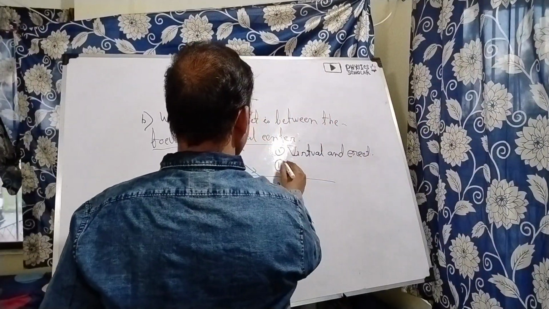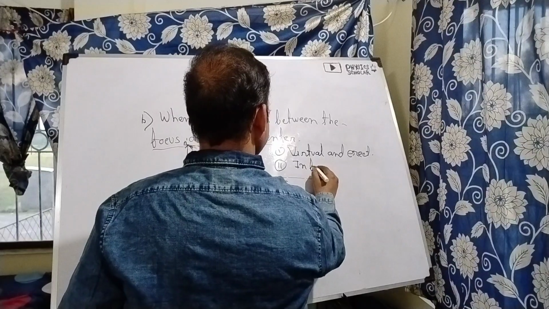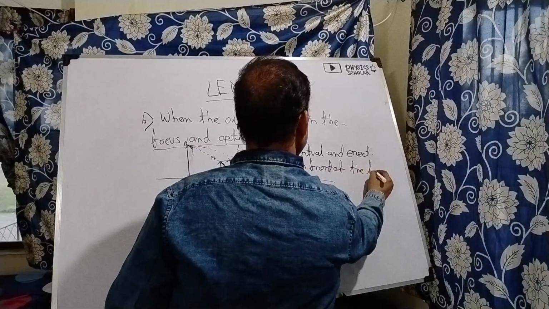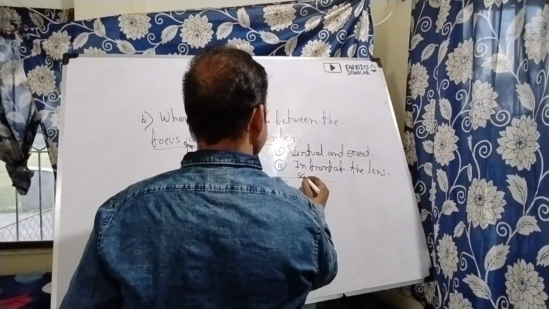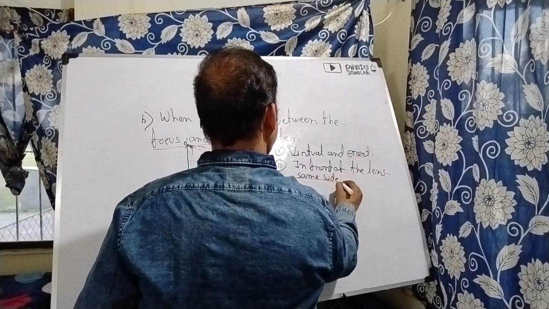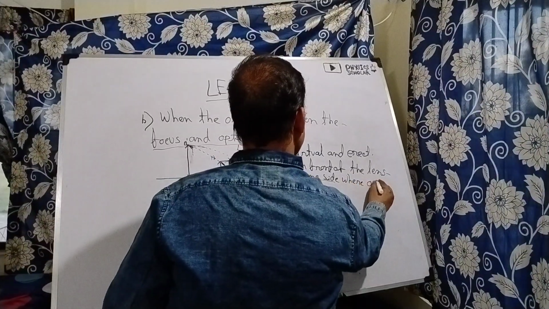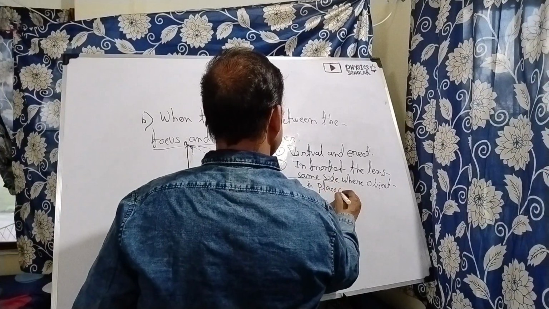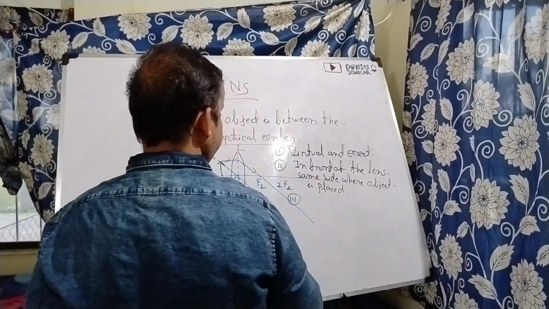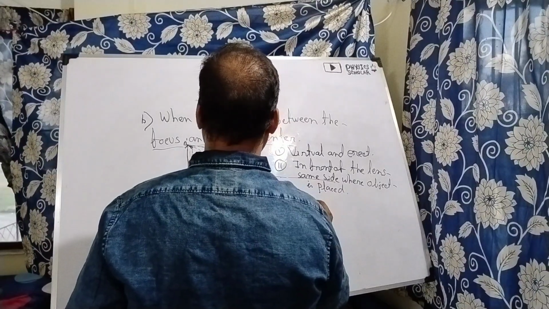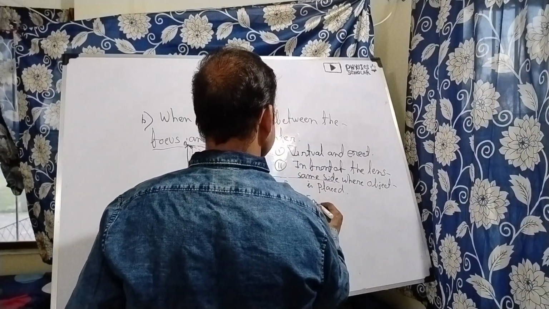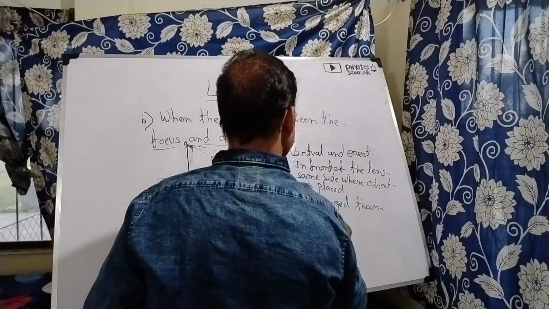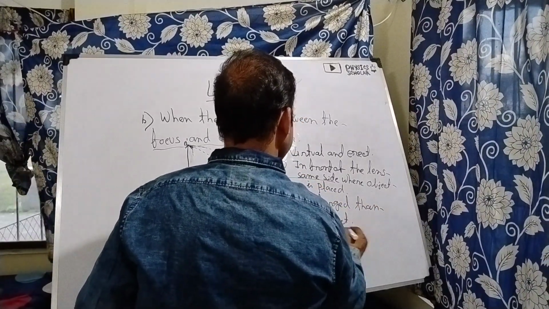Number 2, position: in front of the lens, on the same side where the object is placed. And it will be enlarged compared to the object.